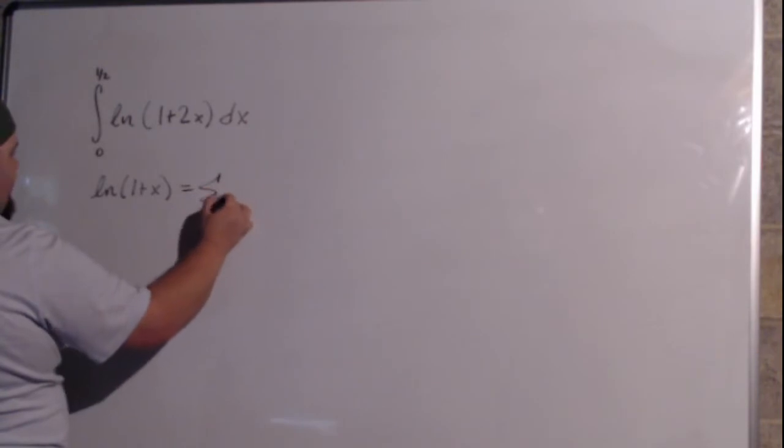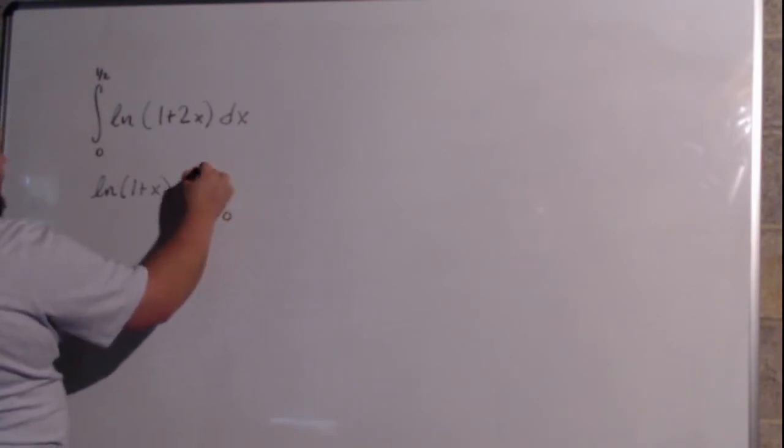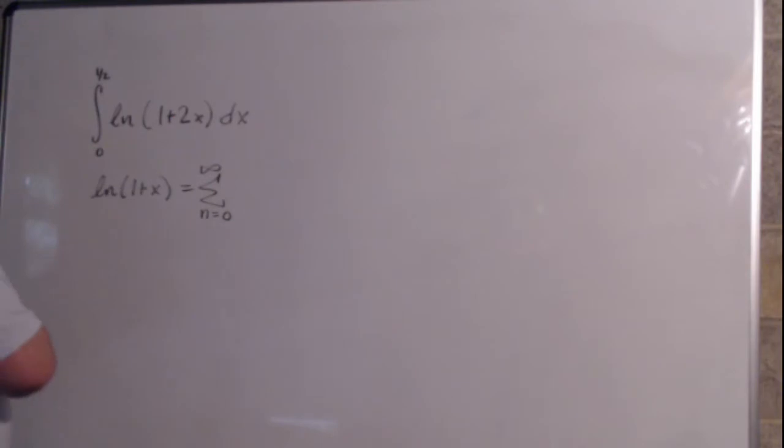Does anybody have this summation handy? Don't have that one memorized. Negative 1 to the n plus 1 x to the n over n.